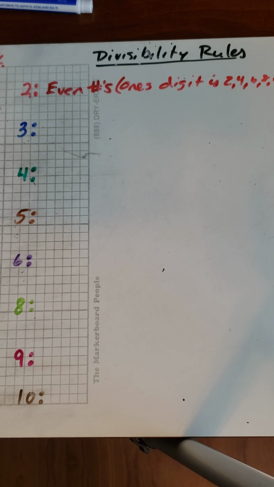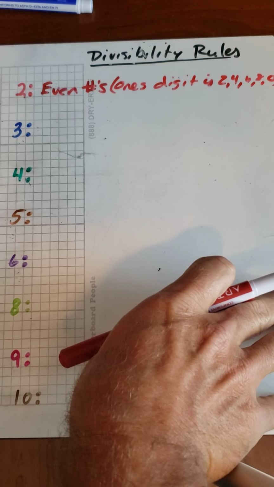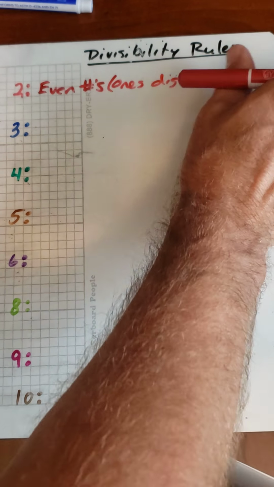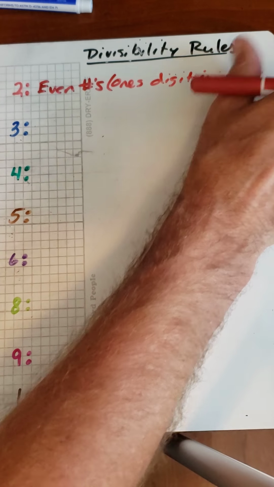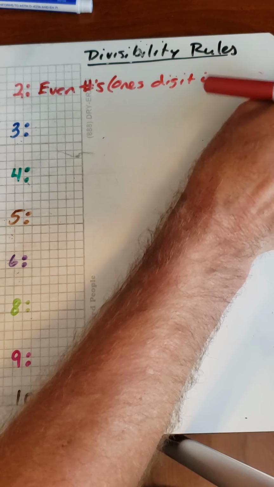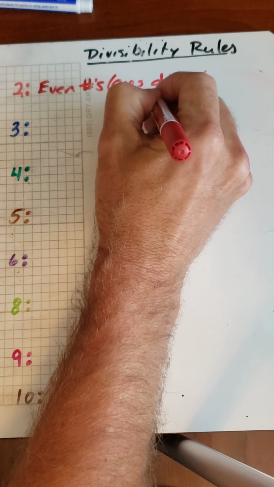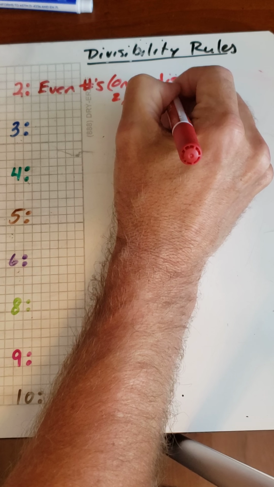That 0 is off the board there, let's put it down here. So the ones digit is 2, 4, 6, 8, or 0. Another way you can say it is it ends in an even number.